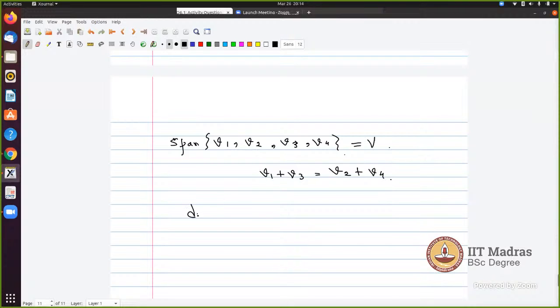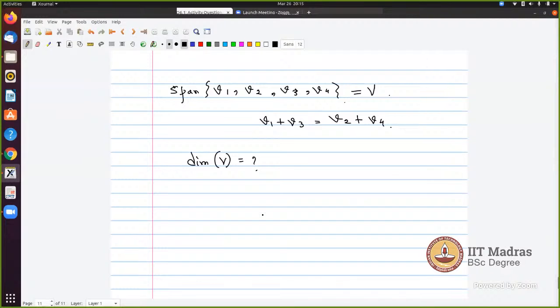Can you tell me what is the dimension of V? You understand the question, right? I have given you a set V1, V2, V3, V4 with a relation that V1 plus V3 equals V2 plus V4. Sir, I think it's 3.